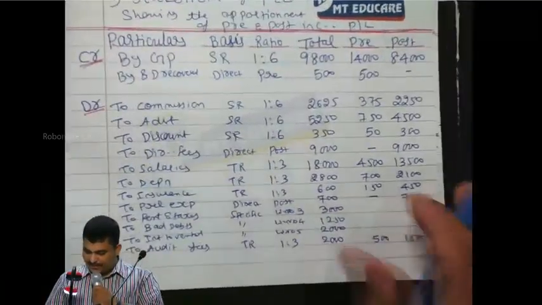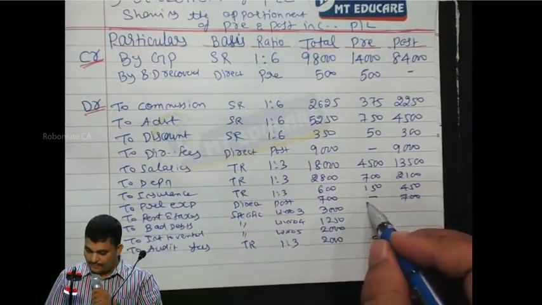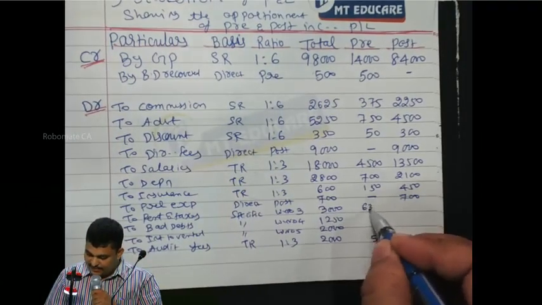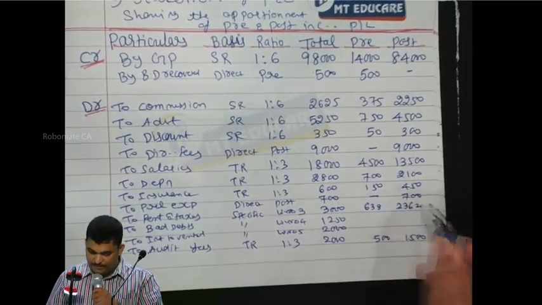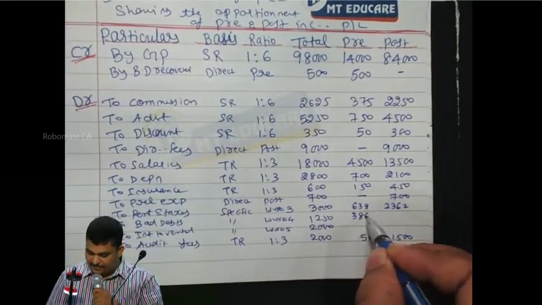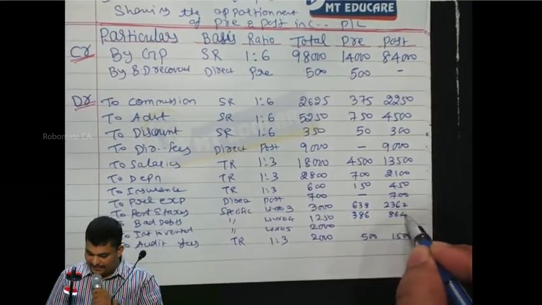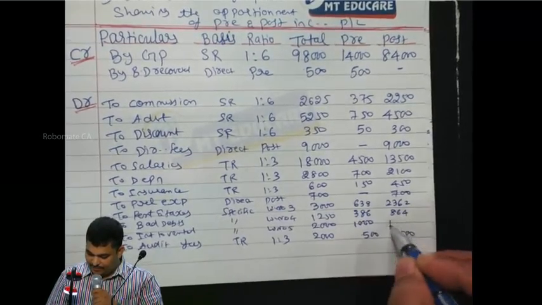Rent and taxes. Can you tell how much? 630. Okay. 23. Okay. Bad debts. 386. 864, sorry. 1000. 1000.